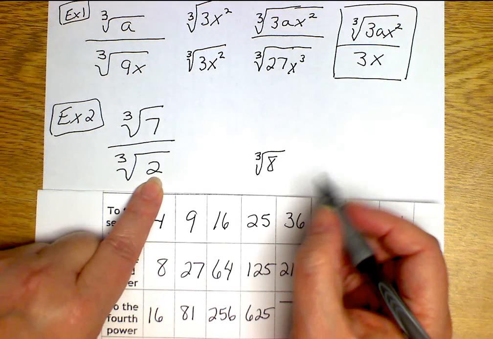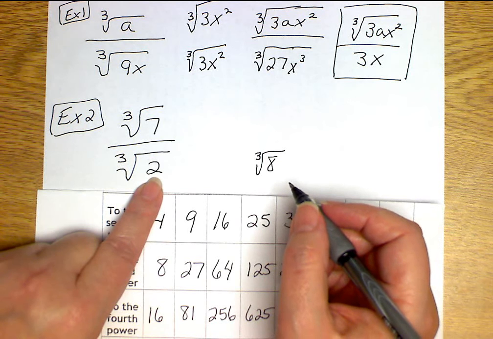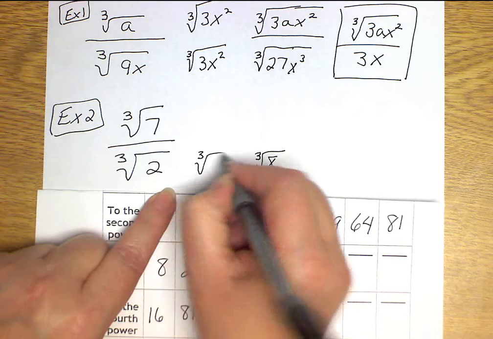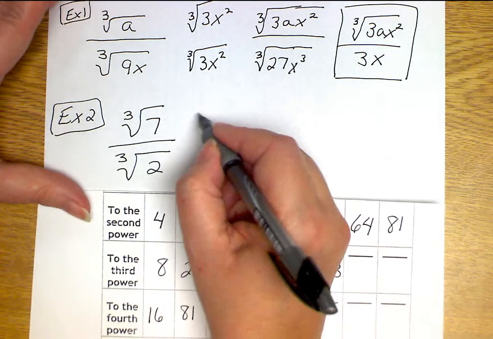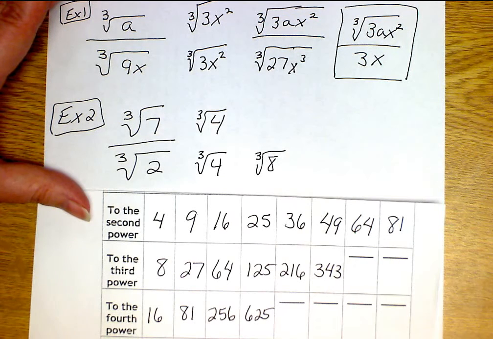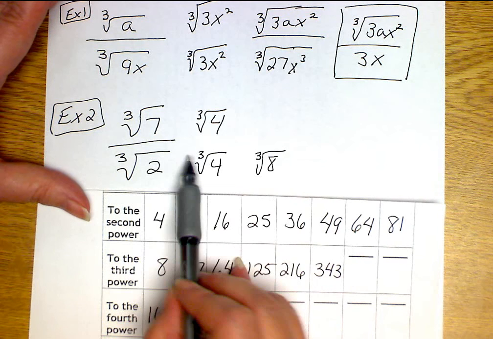Okay, those of you that are on your phone, I could give you a quiz on this right now. No, it's your notes. So we have the cube root of 4. Whatever you do to the bottom, you do to the top. So you have the cube root of 4. So check yourself. You have the cube root of 2 times the cube root of 4. That's cube root of 8.